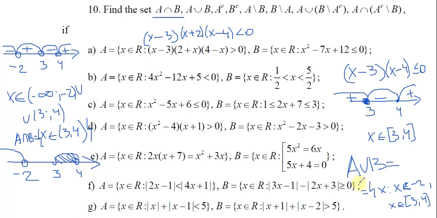This is A union B. Similarly, we can find A minus B or B minus A and other ones also.